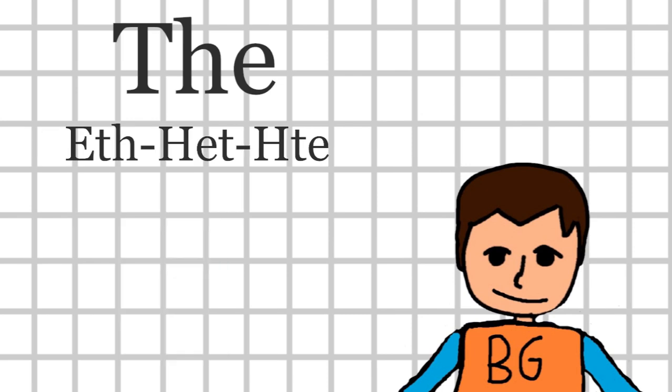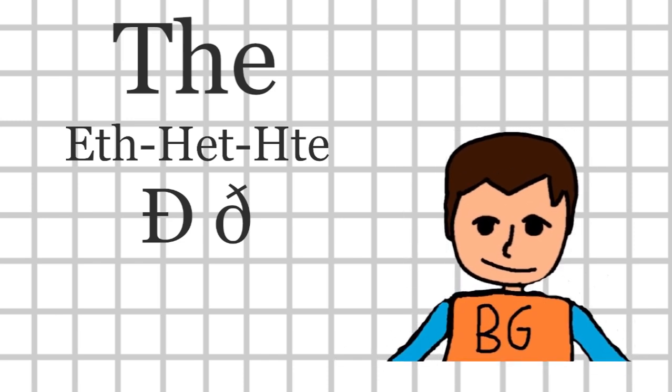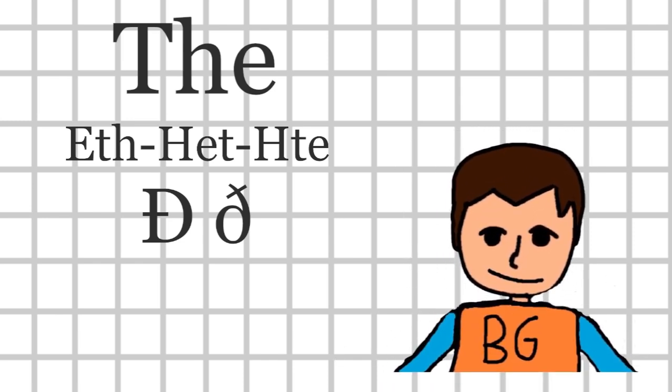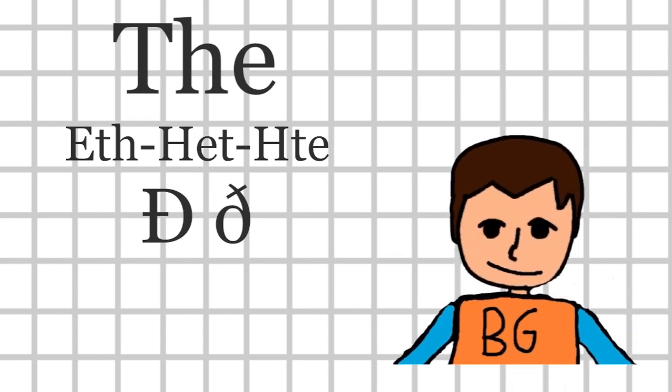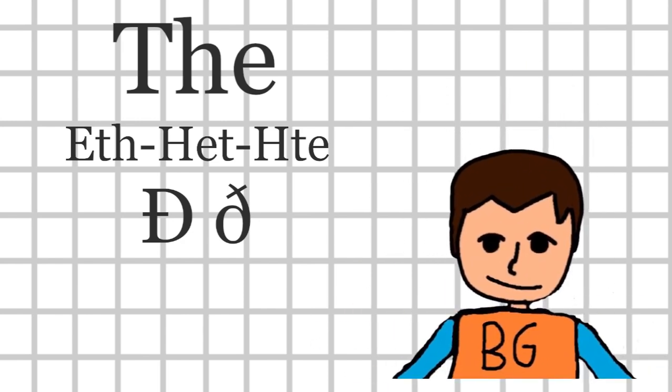Now, next up on our list, we have Eth, I'm not sure, but basically, as we have already discussed, this is the letter Eth, and it's used to imply the voiced fricative "th". As you can see now here, we also have the capitalized version, which I didn't show before, but as you can see, it's just a D with a line going through it.